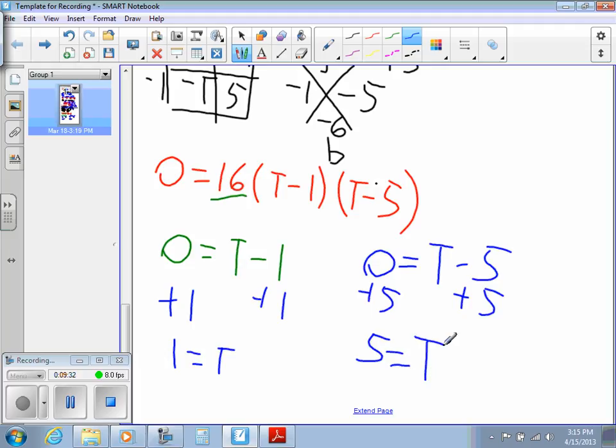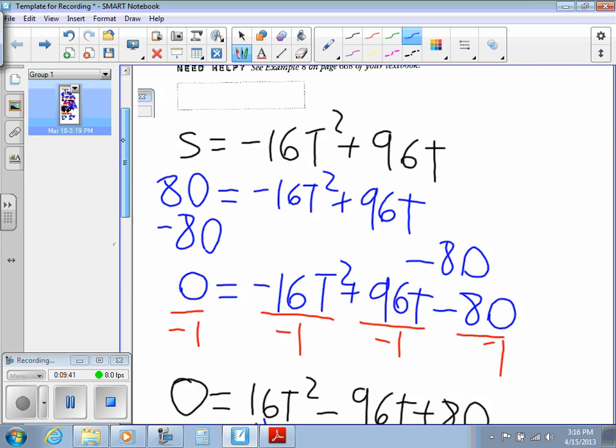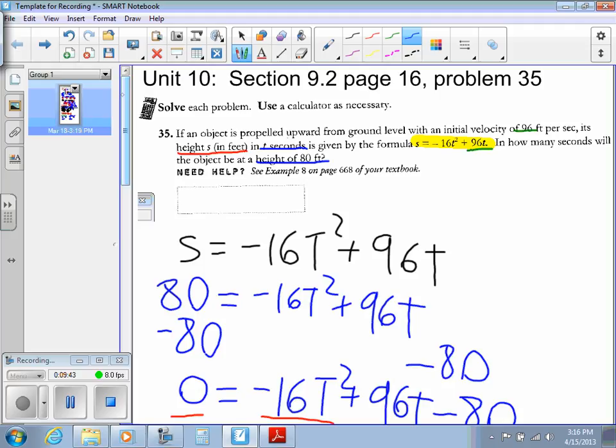Now, that means we have 2 times. We have 1 second and 5 seconds. Let's go back to the original problem and see if we can figure out which one they're looking for. So again, we had t equals 1 and 5. They want to know in how many seconds will the object be at a height of 80 feet.